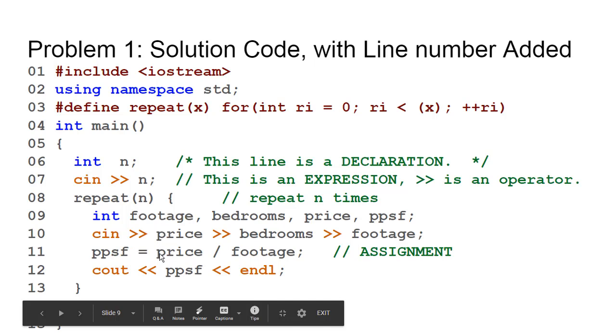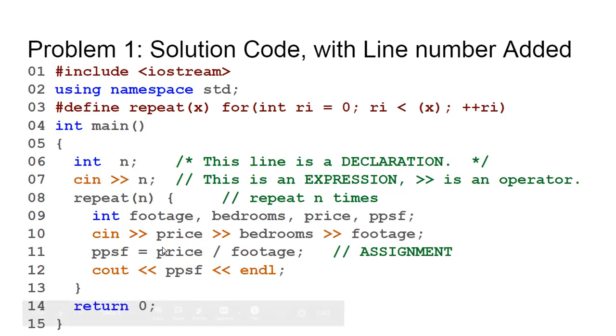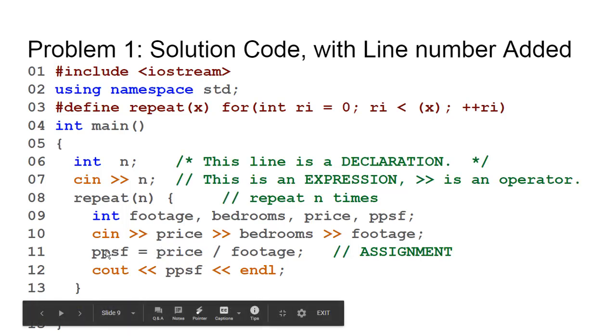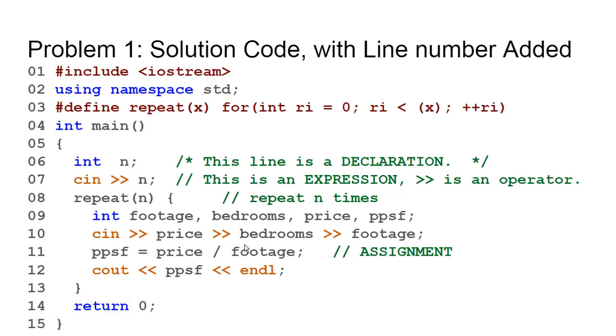What it means is you will calculate the expression to the right of the assignment, and you will get some value, and then you will store it in the variable on the left. This is also an expression. It also has its own value, and the value is the value that you eventually stored in this variable. And given this expression, you can add a semicolon at the end, and that will turn it into a statement.